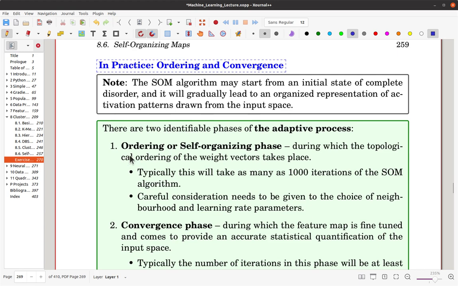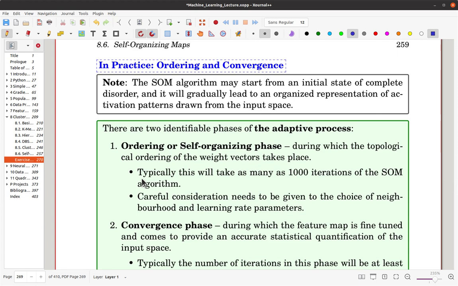So in the beginning there is an organizing or ordering phase, and later on it changes into a convergence phase.